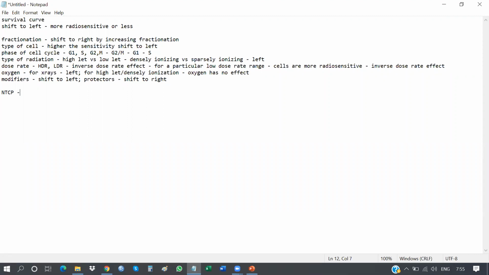What is the normal tissue complication probability curve? What is the therapeutic ratio?